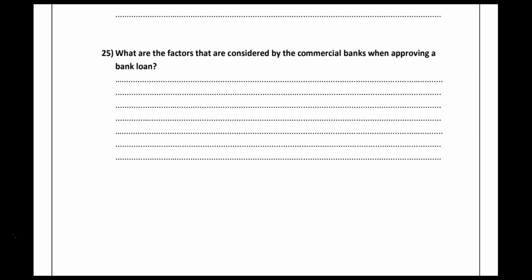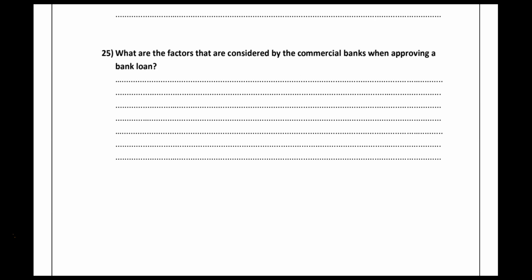Imagine what they do in credit worthiness. They will evaluate the purpose of obtaining the loan. And if your purpose and the amount of money that you are asking is valuable or reasonable, then they approve your loan.